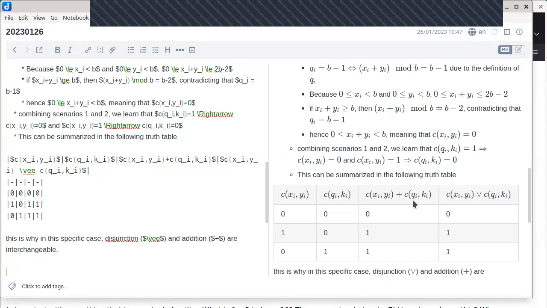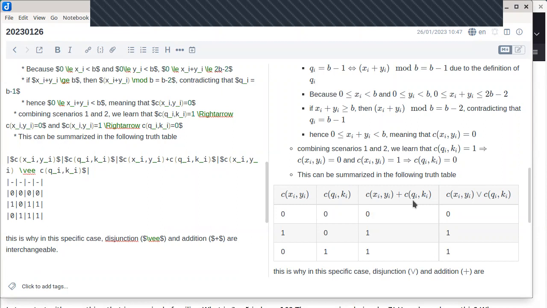All right. So once again, the proof itself is not important, but the end result, which is C of Xi, Yi and C of Qi, Ki cannot both be ones, is important. Why is it important? Because we can change the addition to an OR. Why is that important? Because I don't know how to do the plus, okay?